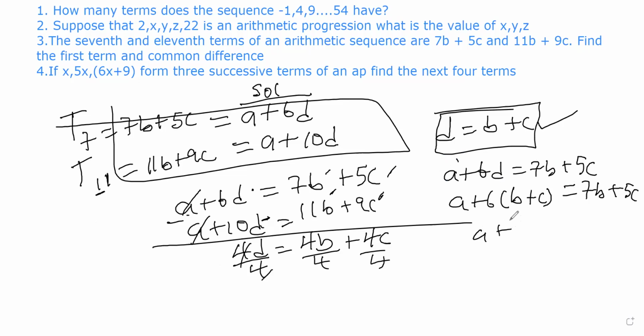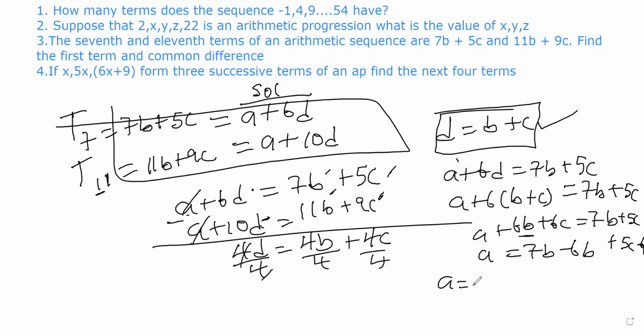So a plus 6b plus 6c equals 7b plus 5c. If I take this to the other side, I will have 7b minus 6b plus 5c minus 6c. So 7b minus 6b gives me b, and 5c minus 6c gives me minus c. So my first term is b minus c, and my common difference is b plus c.